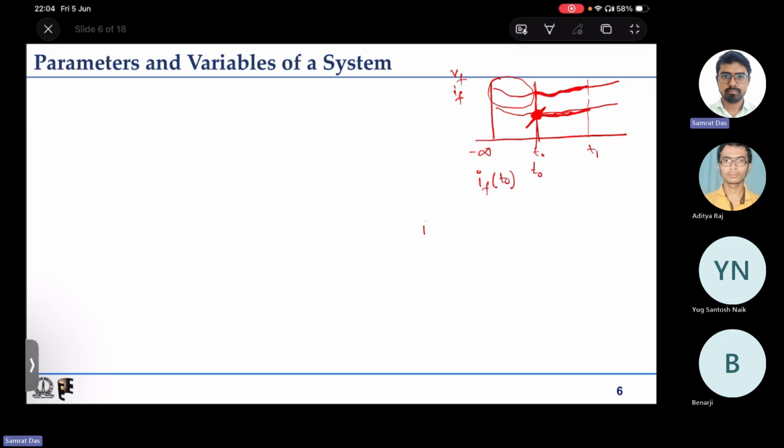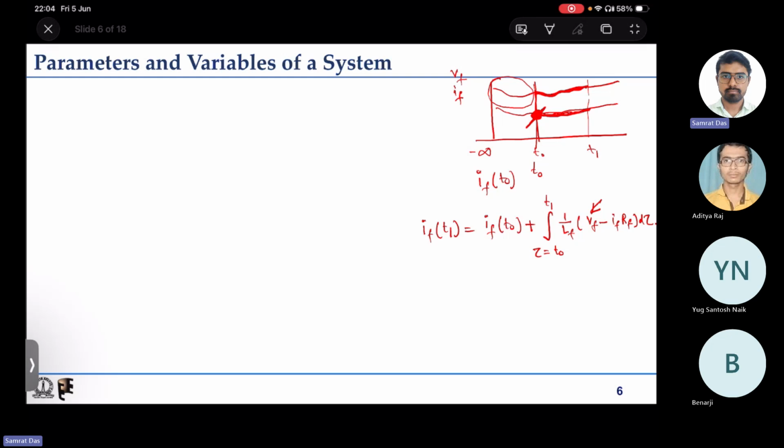So let me write that equation once more for the benefit. If we know I at t0, and after that, from tau equal to t0 to t1, if we know what all inputs are applied, then we will always be able to calculate what the currents are going to be after that.